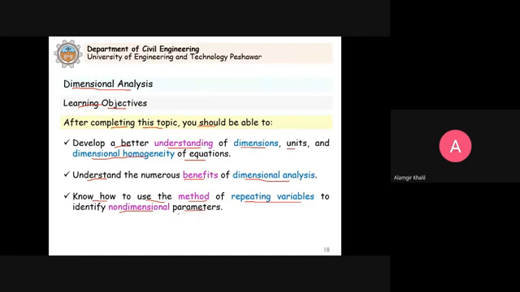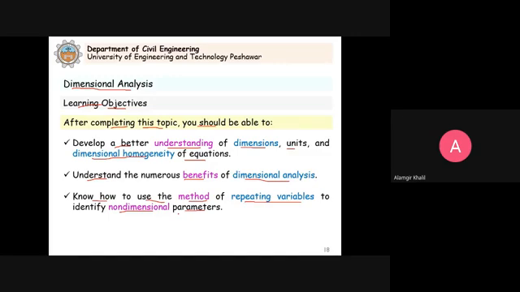So in dimensional analysis, we will use different methods. One of the methods is the repeating variables, which is very important, and that is actually the pi theorem. So we will know how to use this method, and then in the problem, how we can identify these non-dimensional parameters if present.